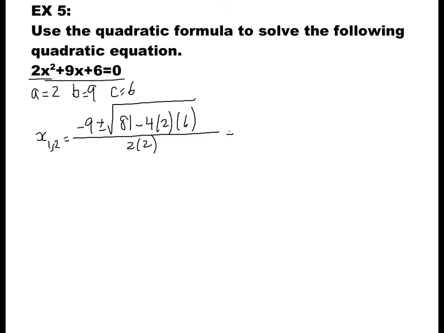Now, if you simplify 81 minus 4 times 2 times 6, you get 33. So this gives me negative 9 plus or minus square root of 33 over 2a, which is 4. So there are going to be two solutions, negative 9 plus square root of 33 divided by 4, or negative 9 minus square root of 33 over 4.